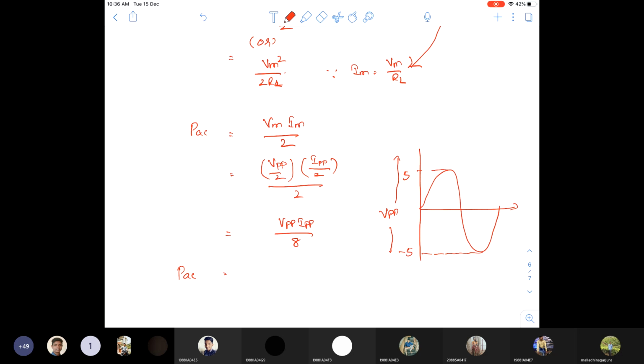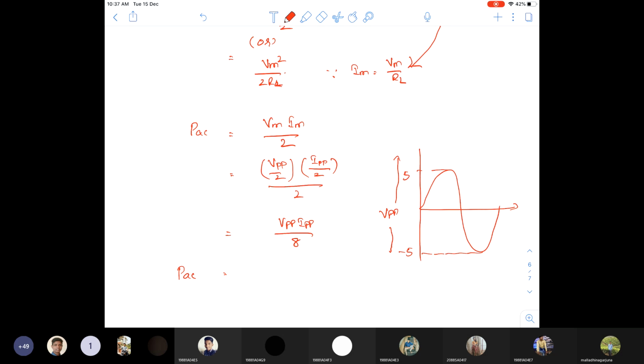Okay, done. So what is the answer? 10 volts. So how are you getting the 10 volts? Maximum voltage plus minimum. What is the maximum here? 5. Okay, what is the minimum? -5. So what is the formula now?